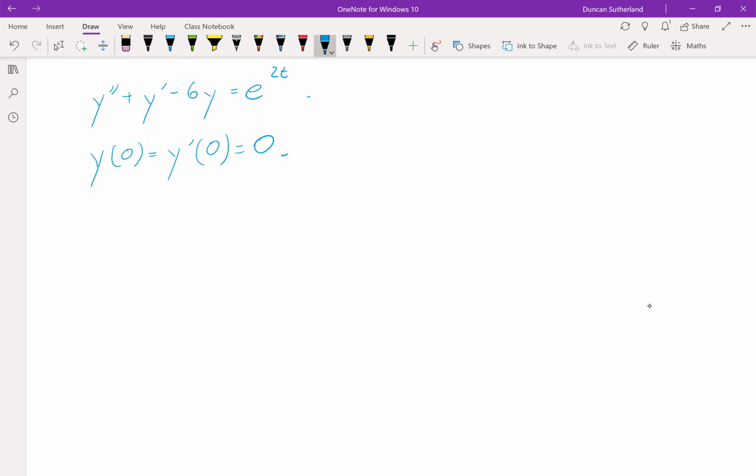We solve the associated homogeneous problem. YH double prime plus YH prime minus 6YH equals nothing. We sub in e to the lambda t. So we get lambda squared plus lambda minus 6 equals nothing.